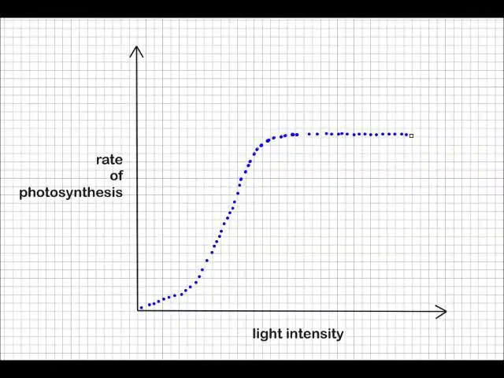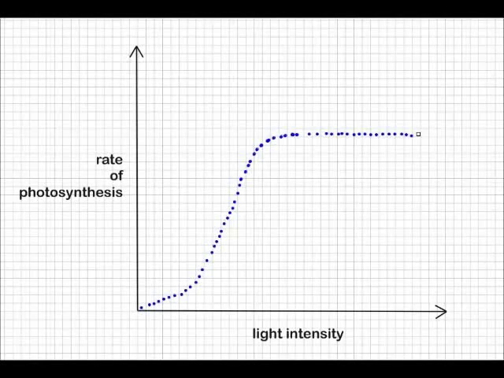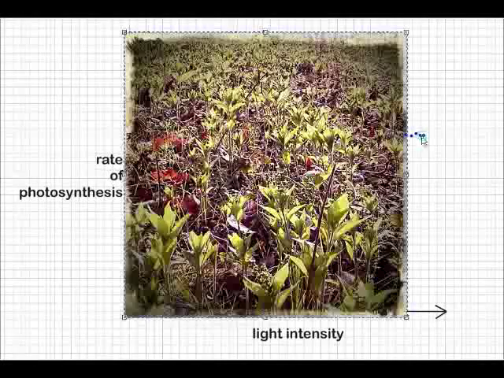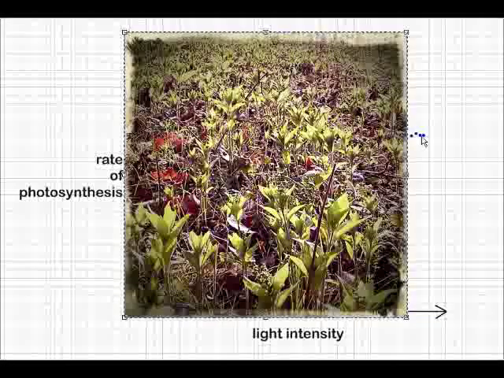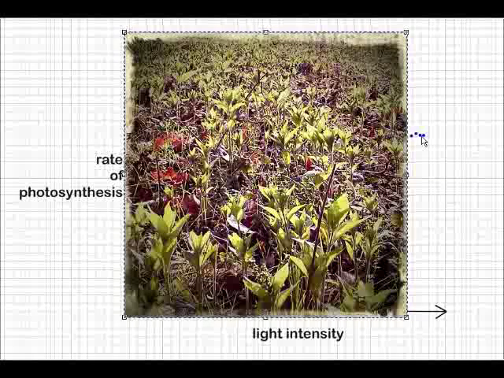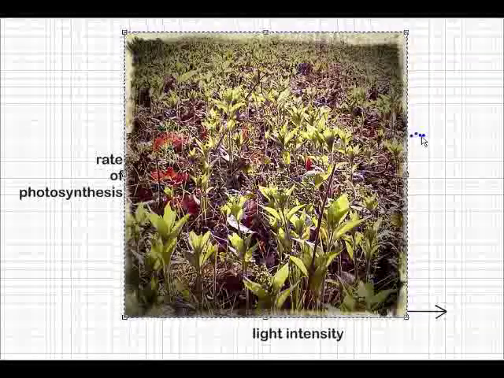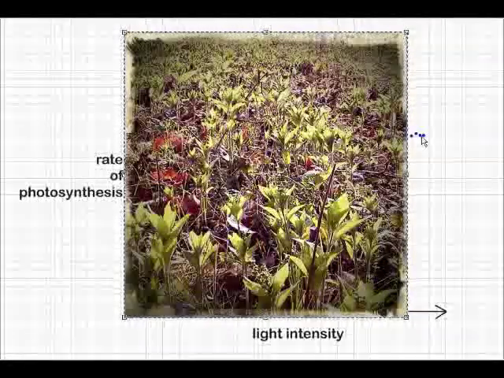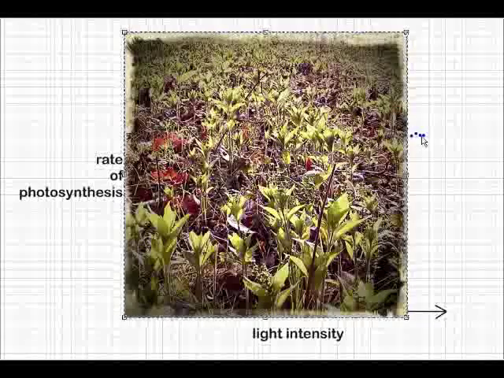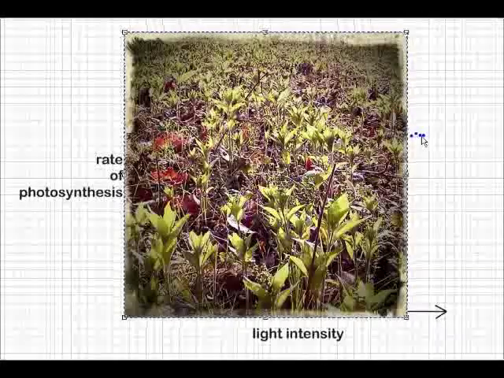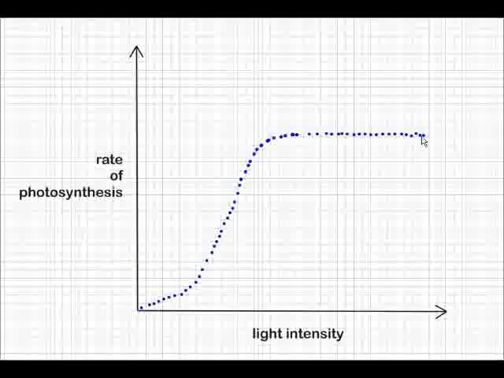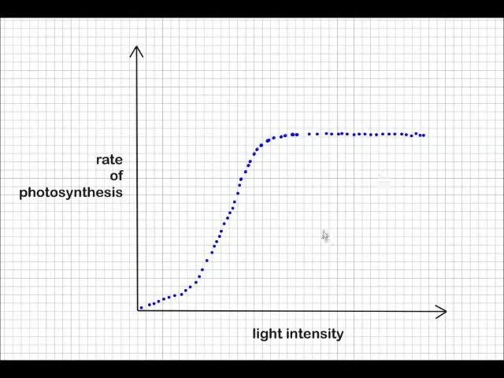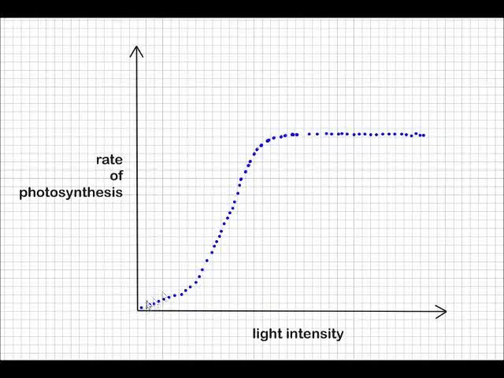So that's a standard plant, but there are some plants which have adapted to deal with lower light conditions. Let's have a look at one of them. This is Dog's Mercury. A spring plant comes out when day length is quite short, and it has quite specialized chlorophyll in its leaves, and its profile is a bit different. Let's take a look. So it starts off down here.